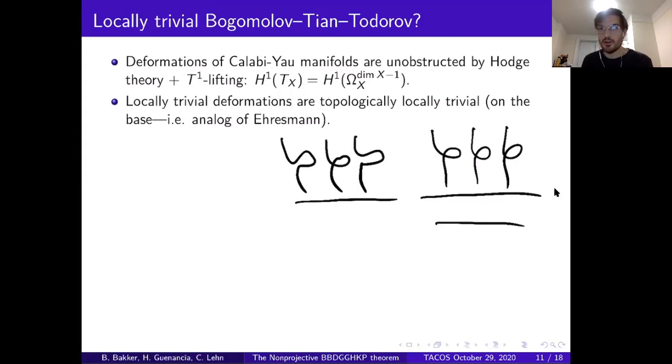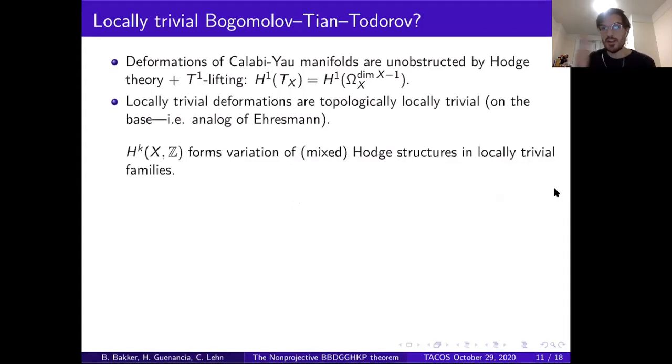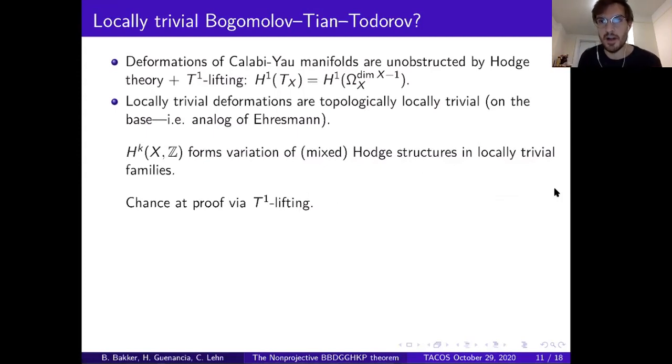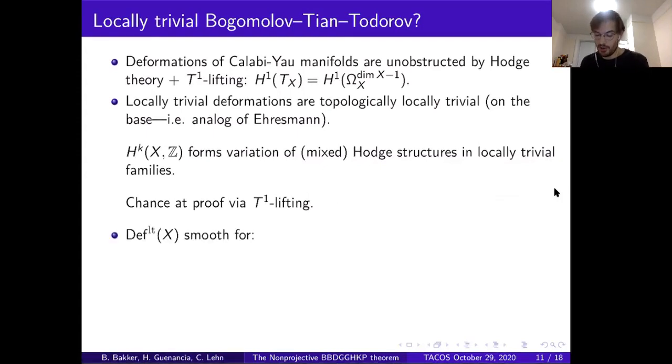So for us, this is good news, because if you're topologically a bundle, then the singular cohomology groups deform in a local system, and therefore I actually get a variation of Hodge structures in locally trivial families. Okay, so there's at least a chance of trying to prove some unobstructedness statement via T1 lifting. And indeed, there are certain cases in which one can show that for a Calabi-Yau variety X, the locally trivial deformations are smooth.